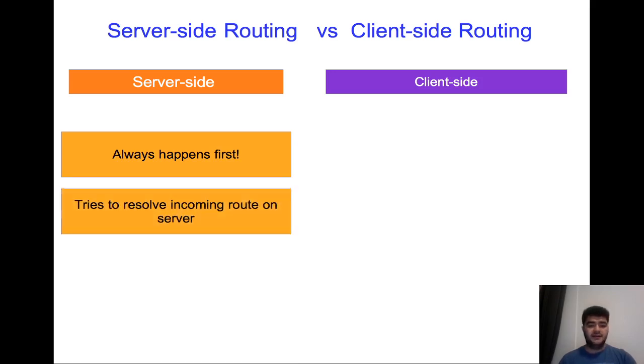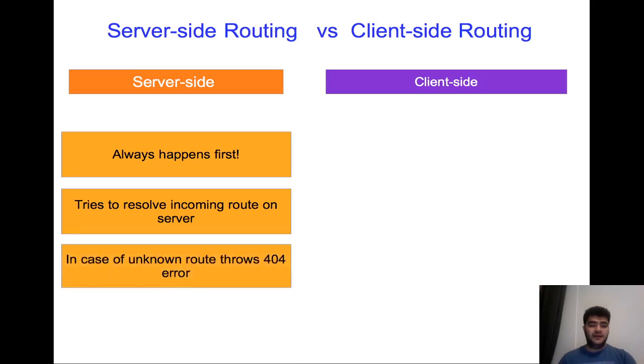And the second thing about server-side routing is that it always tries to resolve the incoming route on the server. It takes the request, looks for the appropriate documents, files, and pages, finds them, resolves that request with those files and application parts, then responds with the related pages.